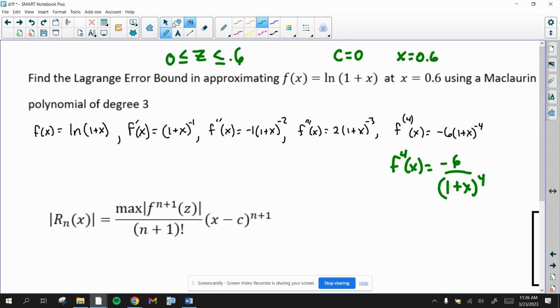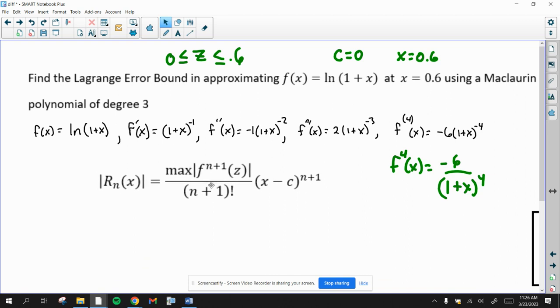So now that we know what everything is, we're going to use this error bound formula to figure out how far off our approximation could be with a third degree polynomial.